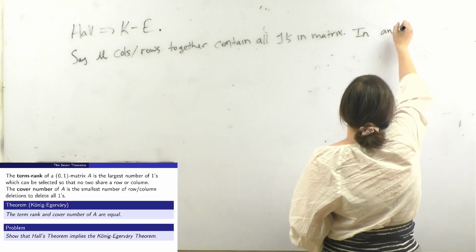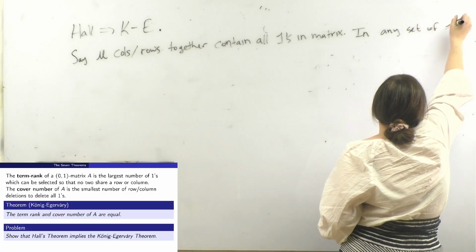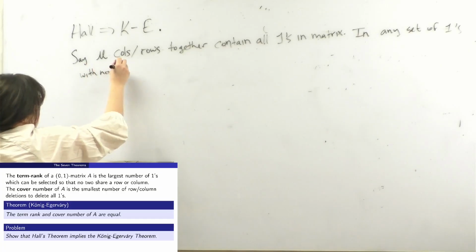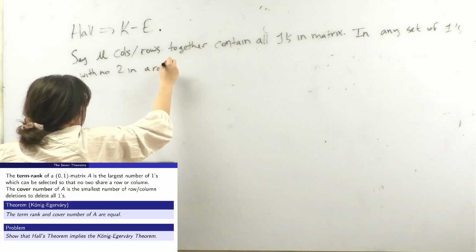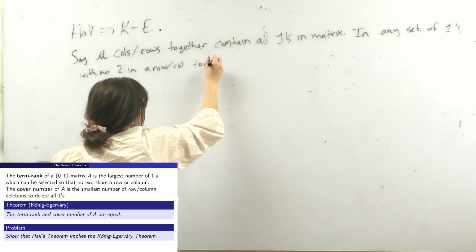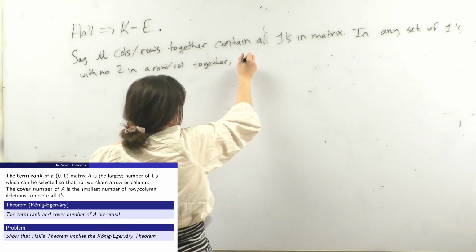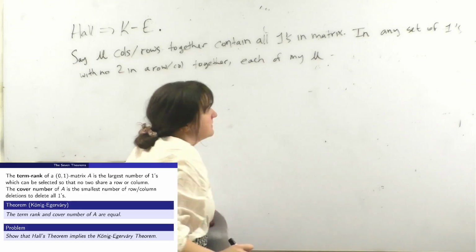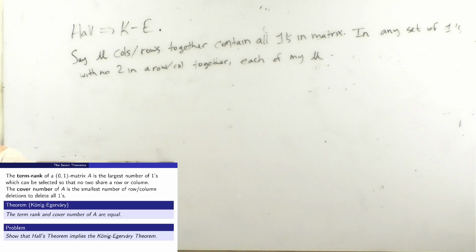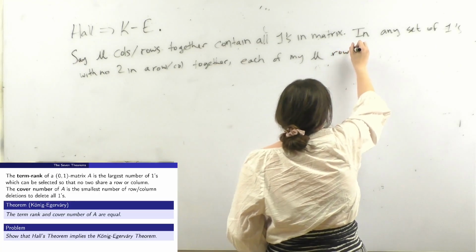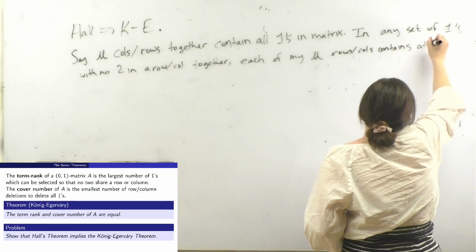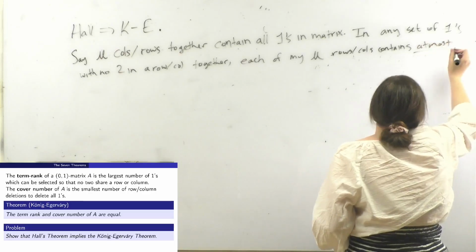In any set of ones with no 2 in a row or column together, each of my mu rows or columns that together contain all the ones I see anywhere contains at most 1 one.